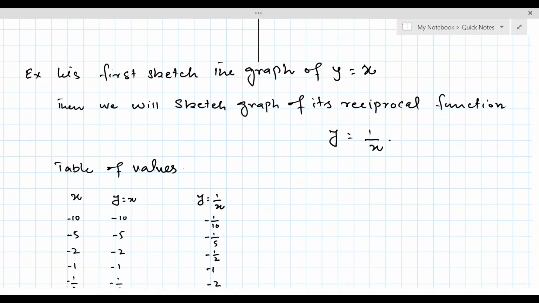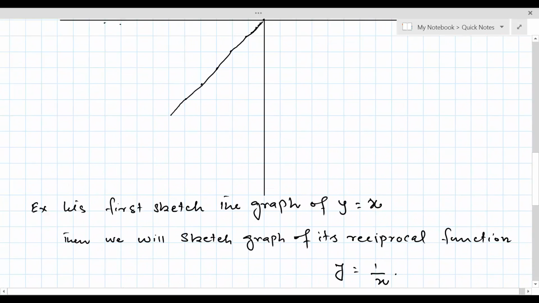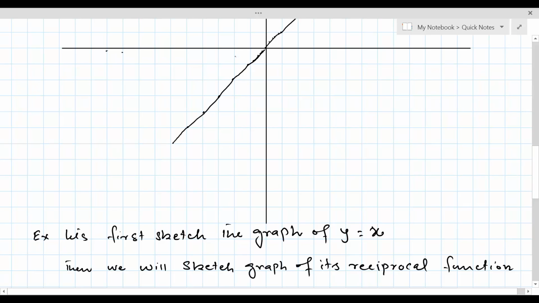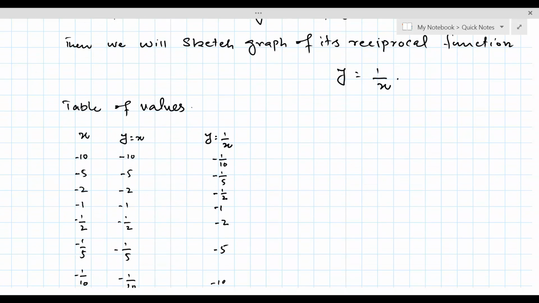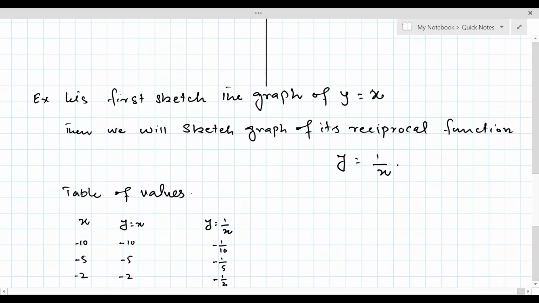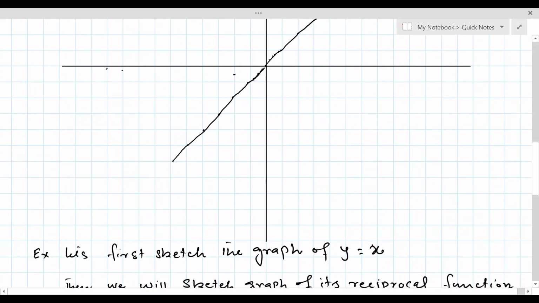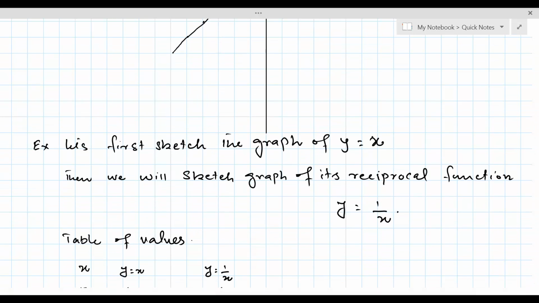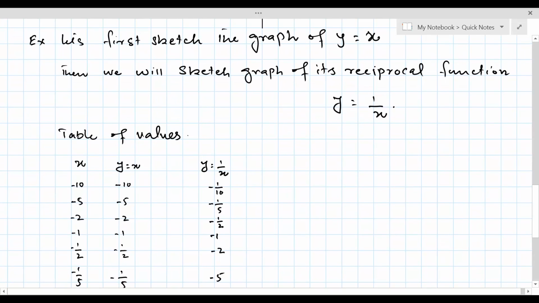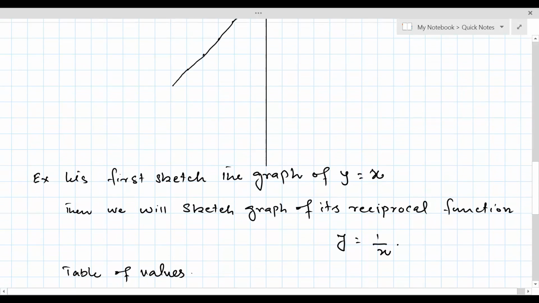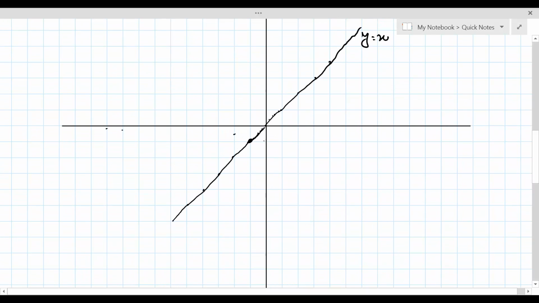For minus 2, minus 1 by 2 is right here. As we get closer, for minus 1 there is minus 1, so the point is here. And for minus 1 by 2, it's minus 2, so the point is right here.